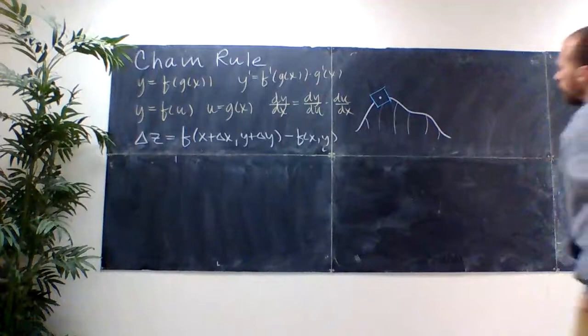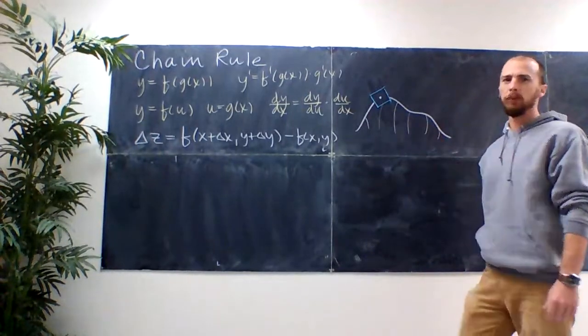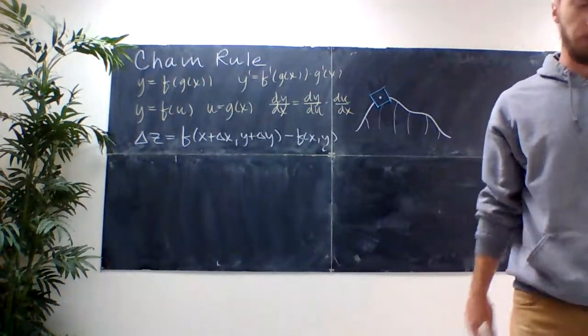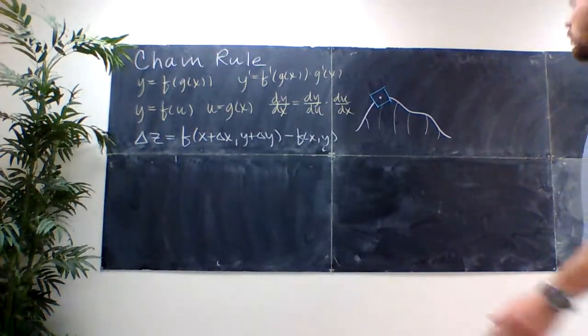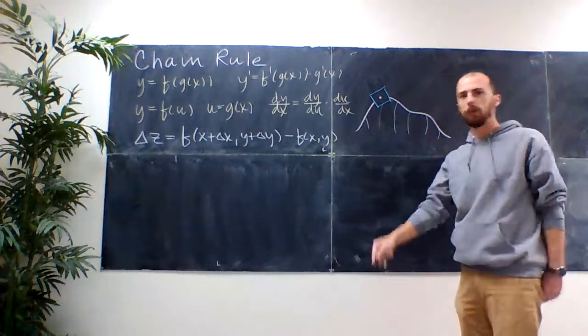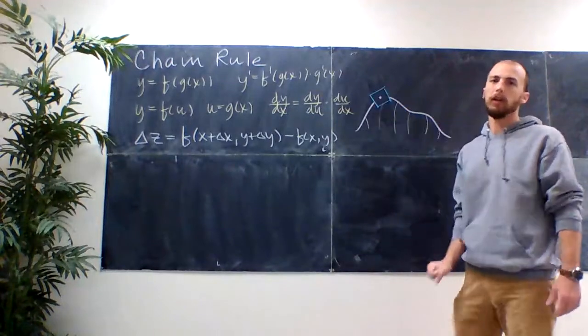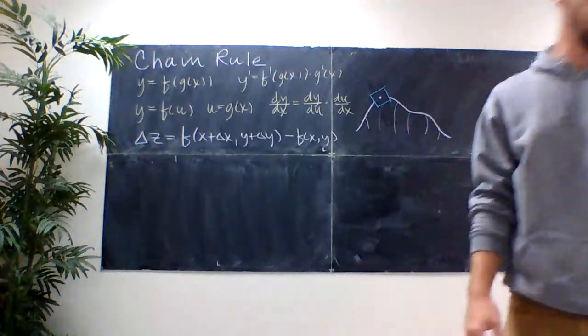There you go. I'm not entirely sure if these ribs are helping give it some depth, or if that's just making it look weird. But either way, we've got some sort of surface in space, z equals f of x and y, and there's a tangent plane at some place where it's smooth enough to lay it in.